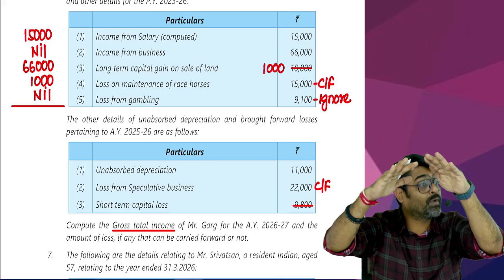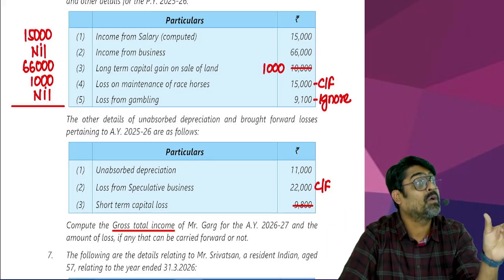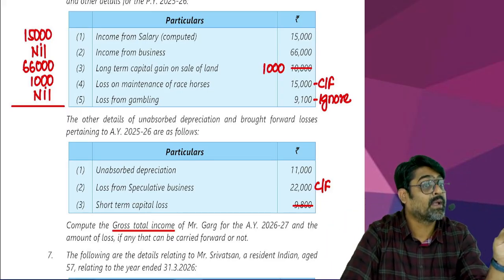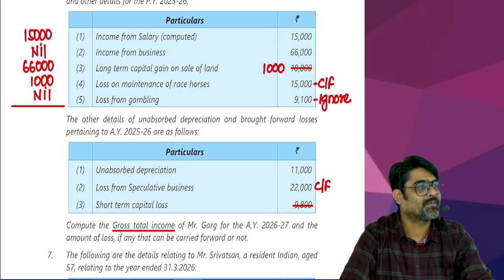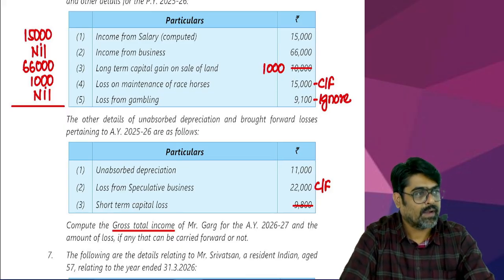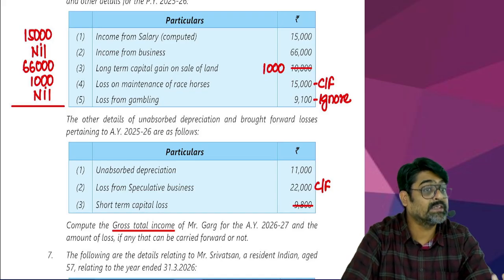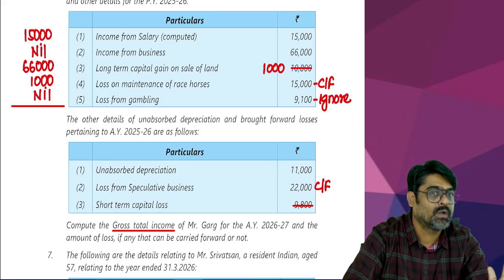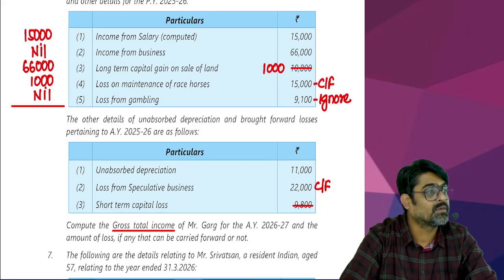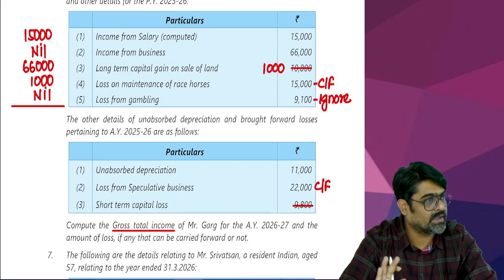So always try to reduce those incomes which are taxable at flat rates without any basic exemption limit. So what I will do? I will set off my unabsorbed depreciation of rupees 1,000 against long-term gain. Yes or no? And the balance 10,000 against business income. Yes or no?